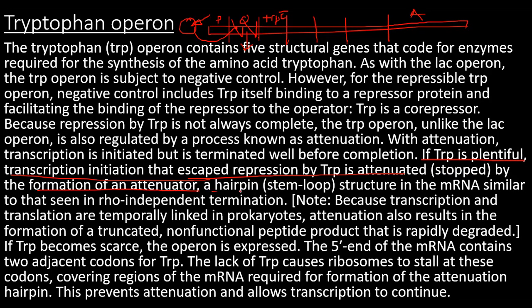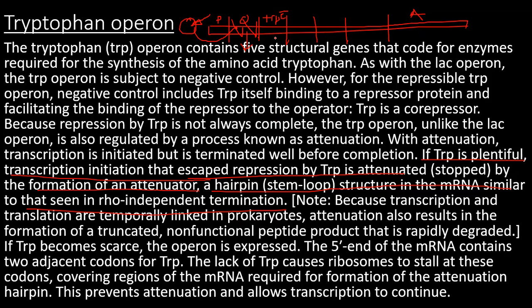This attenuator is a hairpin structure in the messenger RNA, similar to that seen in rho-independent termination. Remember the termination of transcription, where we had two types, rho-dependent and rho-independent. In the rho-independent, we had formation of a hairpin structure. Okay, the same applies here.